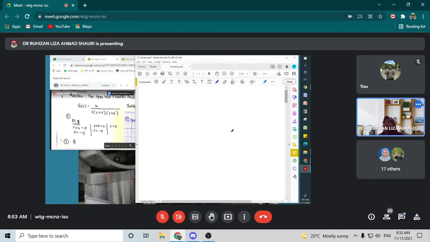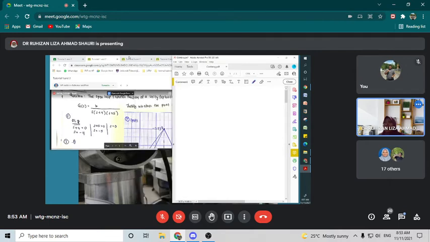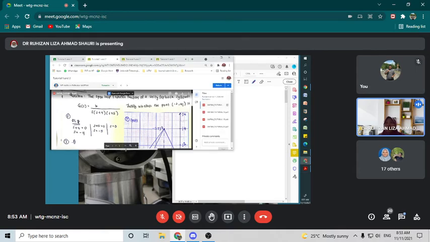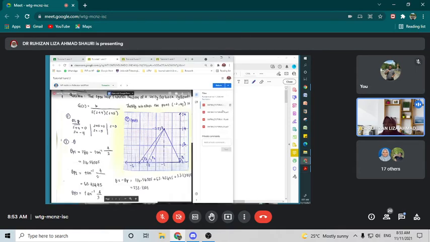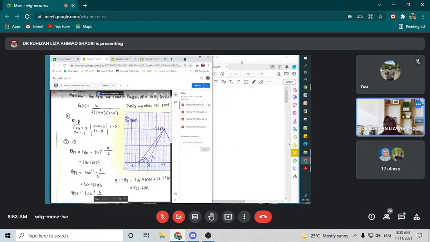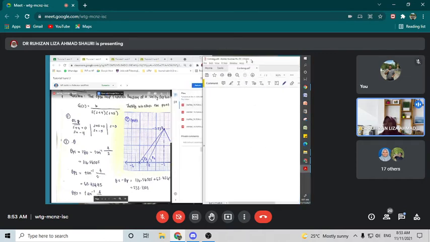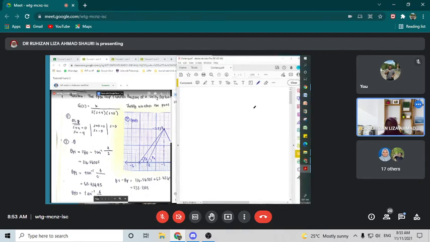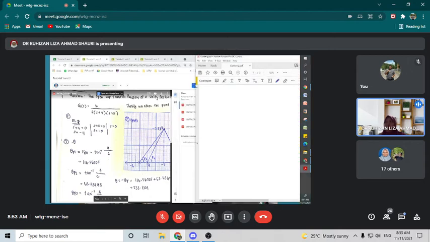Make it a bit smaller so that I can show you your friend's answer there. Now, how many open loop poles or zeros do you have? You have only three.